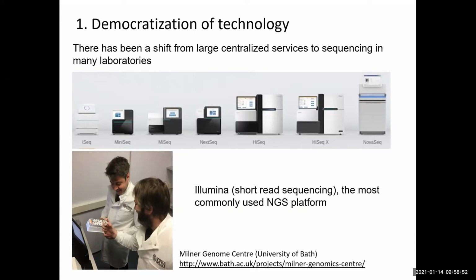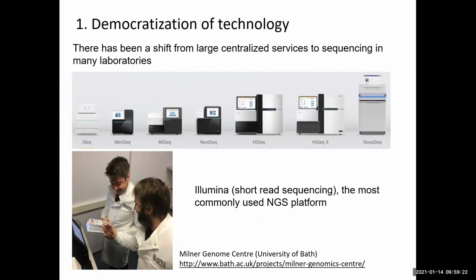This is still arguably the best way to do things. However, it is now possible to buy your own sequencer, and many of you will have labs or work in labs that have their own sequencing capacity. By far the most common sequencing instrument at the moment, certainly in terms of the amount of data produced, is the Illumina platform. And you can see here that there are various Illumina machines.